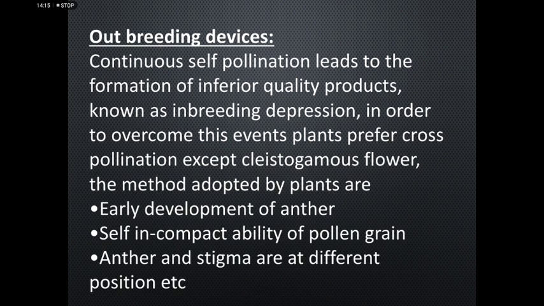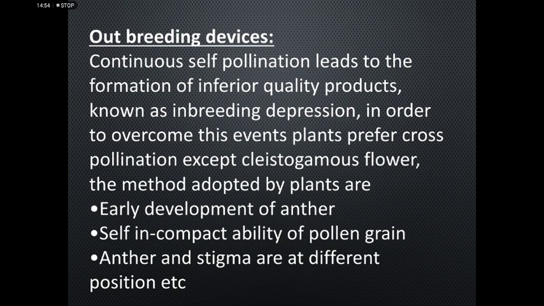We move to another topic, outbreeding devices. Continuous self-pollination leads to the formation of inferior quality products. That means plants also prefer cross-pollination. If continuous inbreeding within the same plant, that is autogamy or geitonogamy, takes place, there is a chance of production of an inferior quality product known as inbreeding depression.